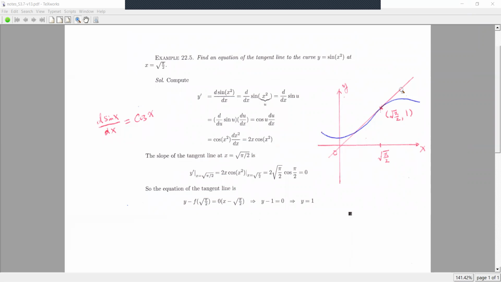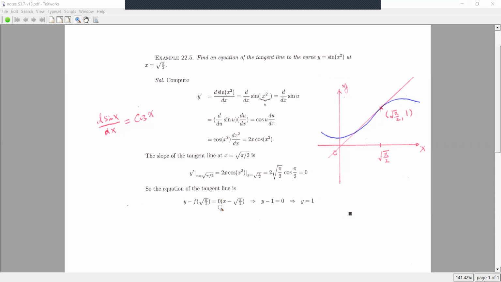We have the slope of the tangent line, and also we know one point on the tangent line. By the point slope formula, the equation of this tangent line is y minus y1, where y1 is the y coordinate of this point. It is 1.